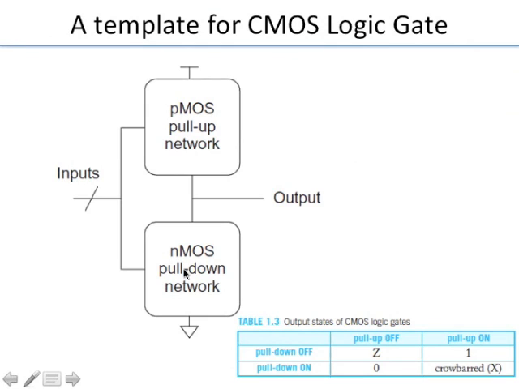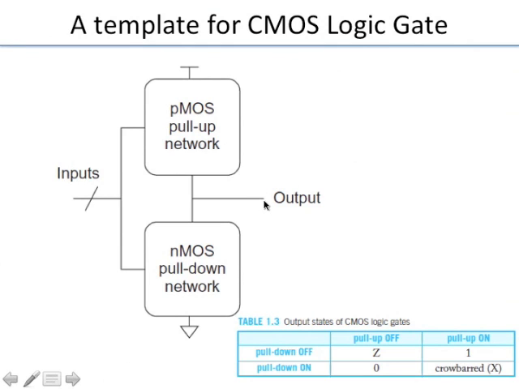Each of the pull down and pull up networks can be on or off. What do we mean by that? On means there is a path from the output to either VDD or ground. Off means there is no connectivity, because remember these are all switches. We are using them as switches. So when pull up and pull down are both off, the output is not connected either to VDD or to ground.